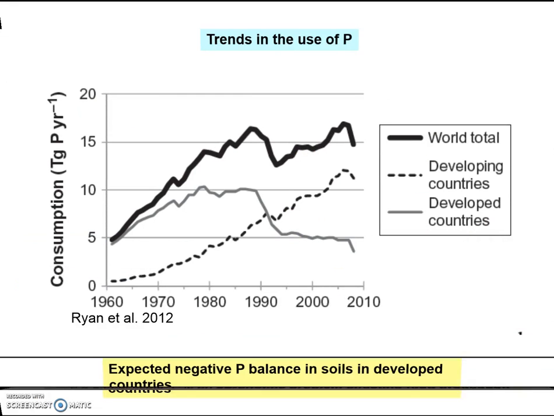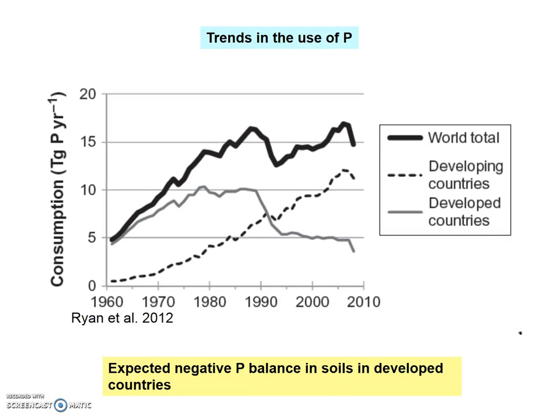But the use of phosphorus has been changing quite a lot. Since 1960, most of the phosphorus fertilizer was used in developed countries and almost none was used in developing countries. The amount of phosphorus has been increasing steadily since the 1960s up to now in developing countries.